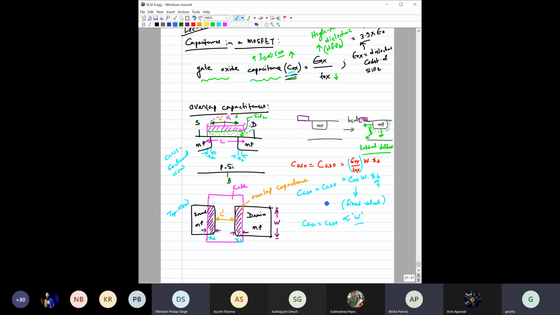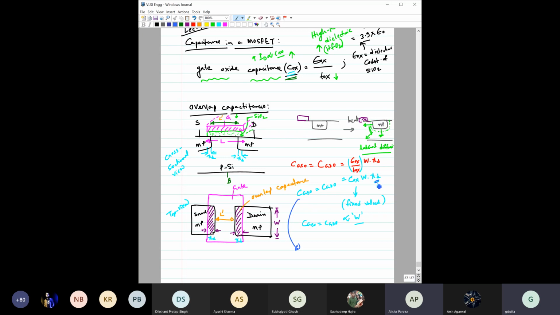And here, one more thing: this double XD is also a technology parameter, and this XD is the same for both source side and drain side, because this MOSFET is a symmetrical device and fabrication is also symmetrical. When fabricating this MOSFET, we never consider that this would be the source or this would be the drain. You can always interchange them, right? So XD would be the same for any technological node.